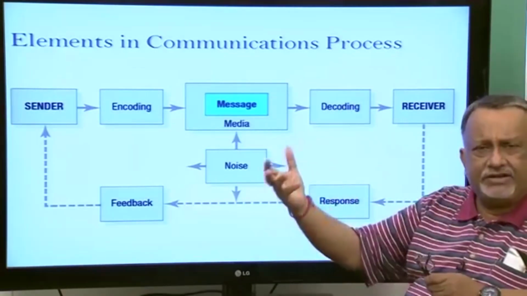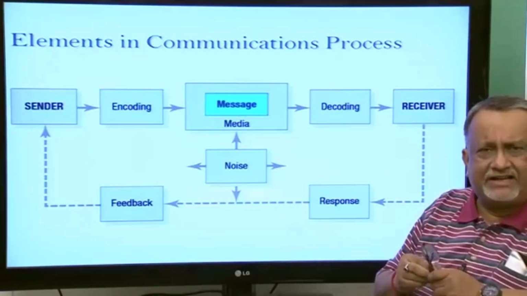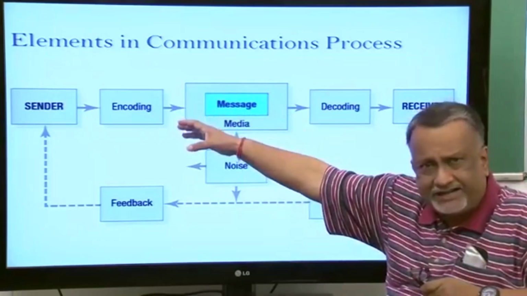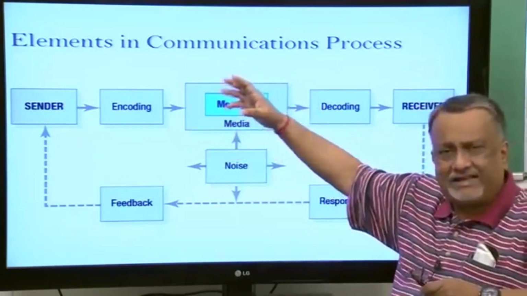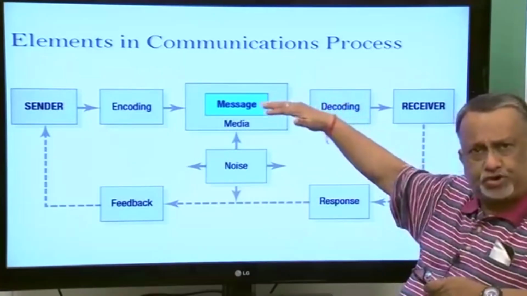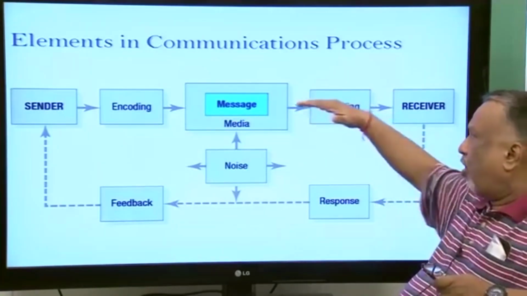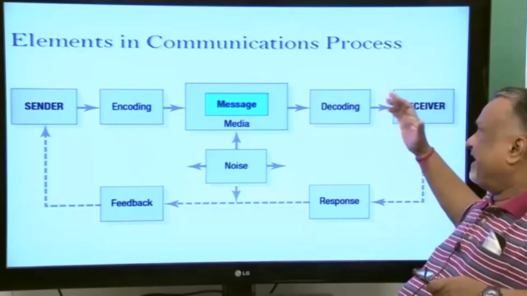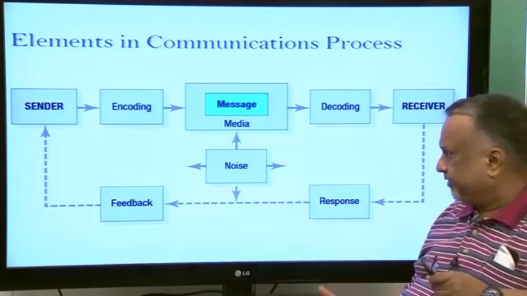So, even when you are sending a letter to your friend, you have encoded it as a written letter or as an email, then you have transmitted it over post or over internet or over a text message on the phone, and then at the receiving end the person will decode it.